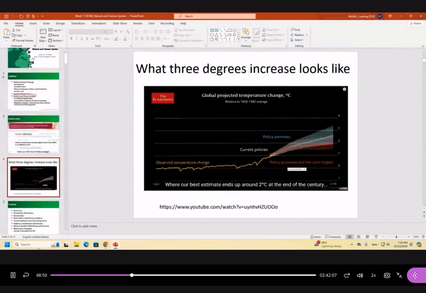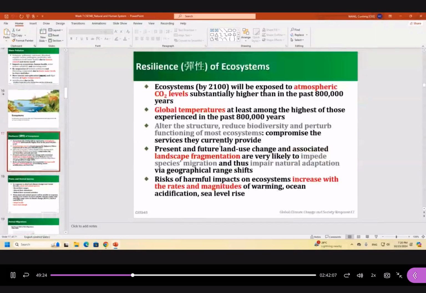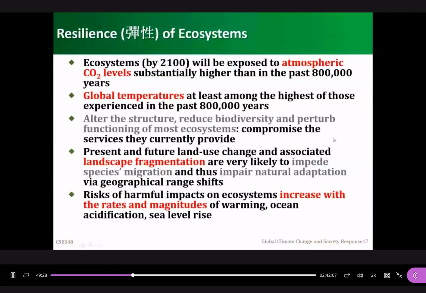From this figure we can also see the increase of the temperature. You can see this is the global average temperature. Previously it was very stable, and then since industrialization, the temperature has increased gradually.